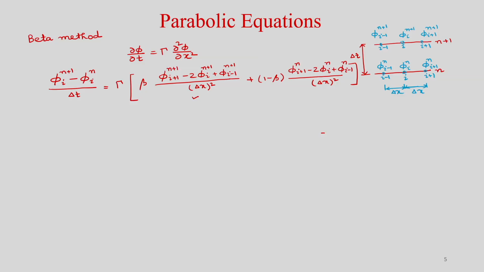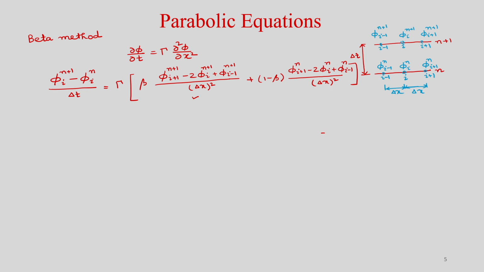The remaining 1 minus beta times the discretization of the spatial derivative, with all dependent variables phi at discrete points I plus 1 and I minus 1, we have taken at time level n, the previous time level.